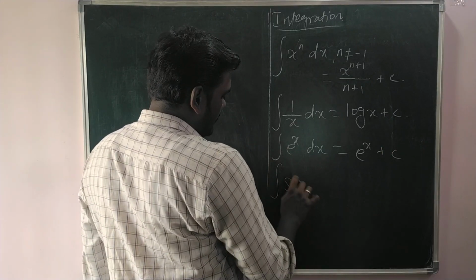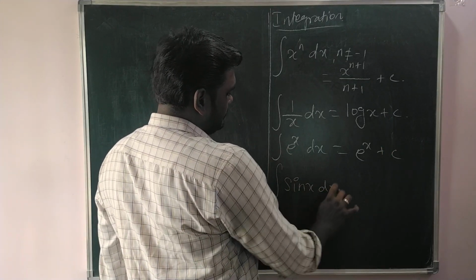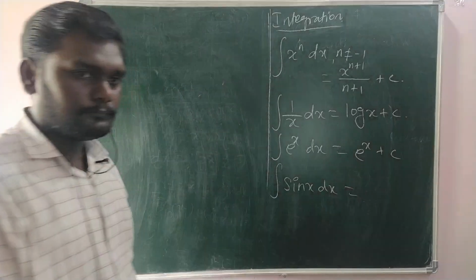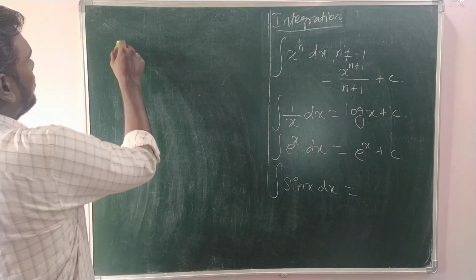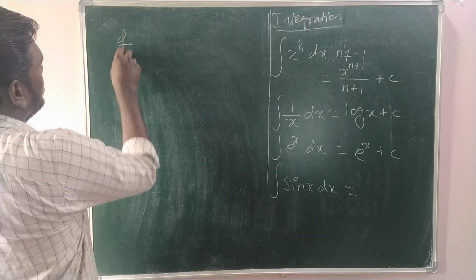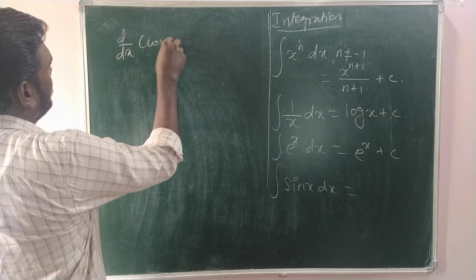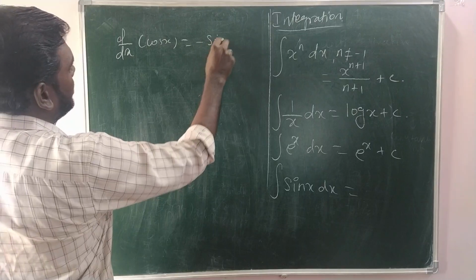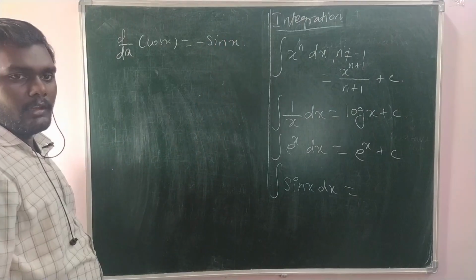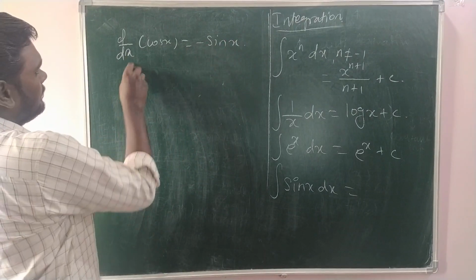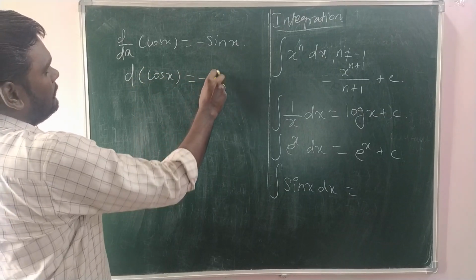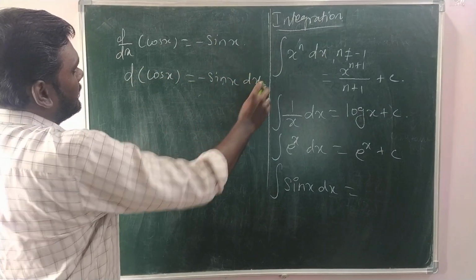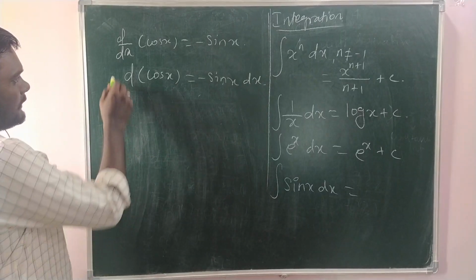And integral sin x dx. Previously we have studied d by dx of cos x is equal to minus sin x, right? Just transpose this dx over there. We get d of cos x equal to minus sin x into dx. Now integrate on both sides.